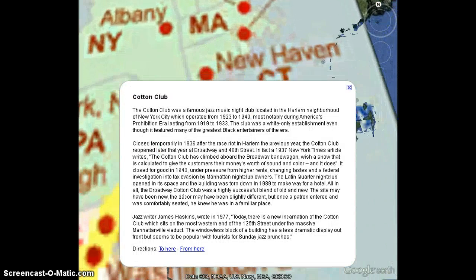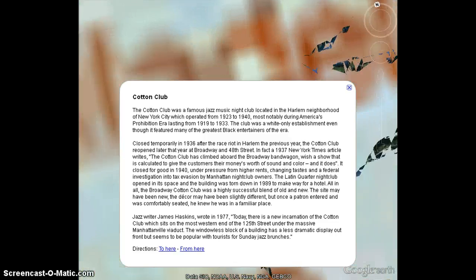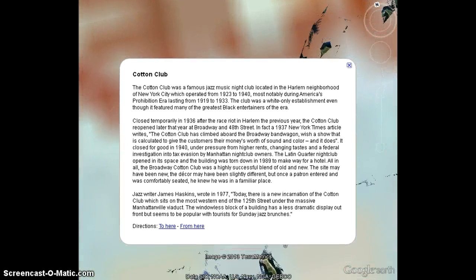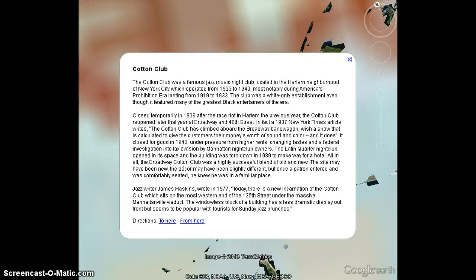So the Cotton Club specifically was a famous jazz music nightclub, and it was actually opened back then, and we saw a lot of people rise to the stage, the most nationally recognized stages, because of this Cotton Club.